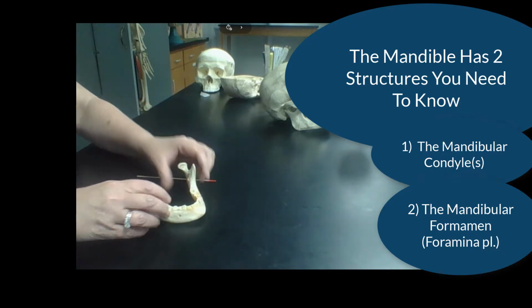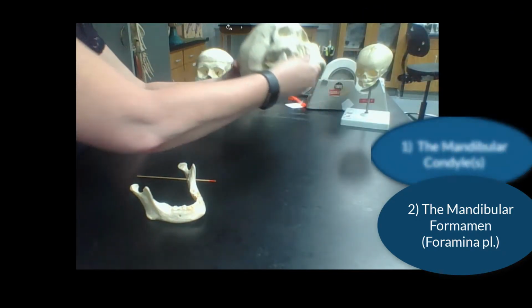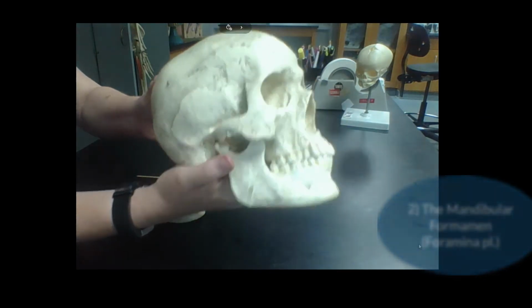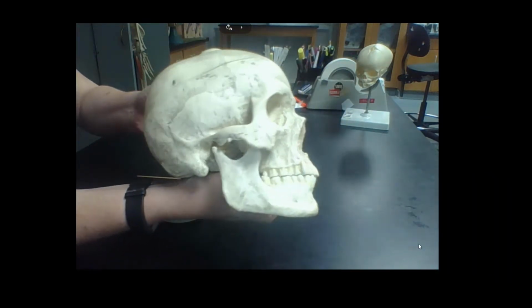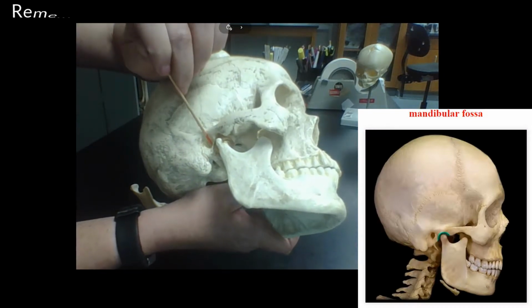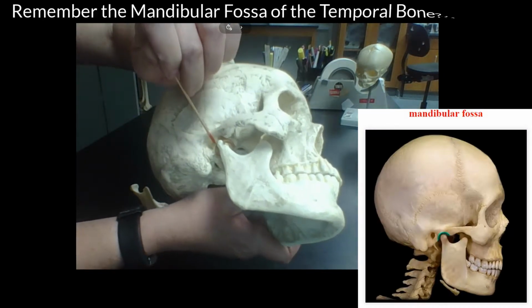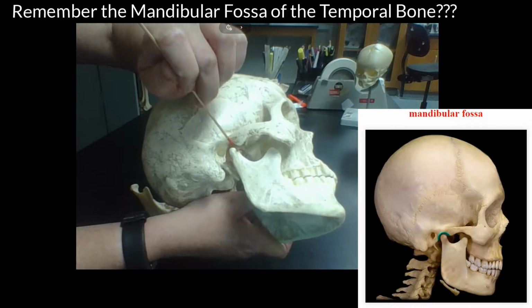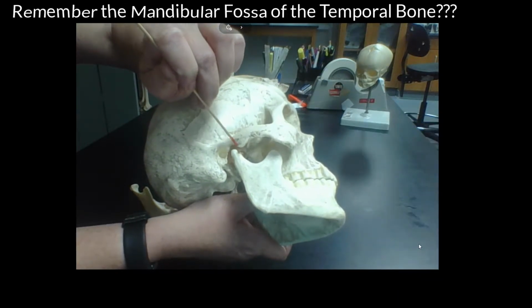Now, you might remember, let me just bring this back for a second. You might remember that we talked briefly before about the mandibular fossa, and the mandibular fossa is this indentation right here that articulates with the jaw, right?